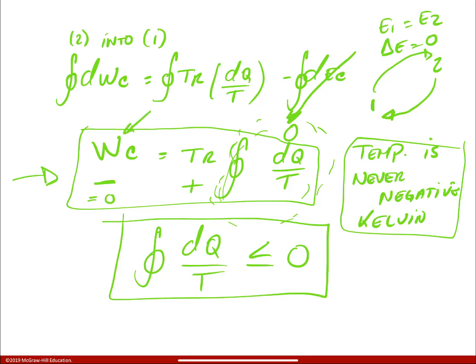The only way that this will be negative is if TR is negative or dq over t is negative. Since TR cannot be negative and will be positive, the only thing left for this analysis is that the cyclic integral of dq over t will be less than or equal to zero. And that's what we call the Clausius inequality.